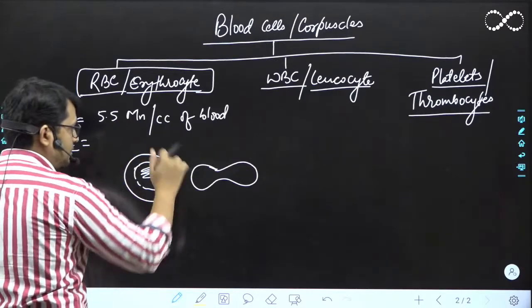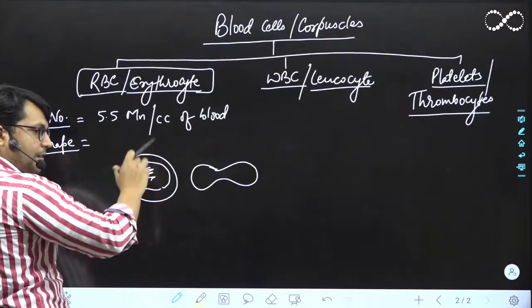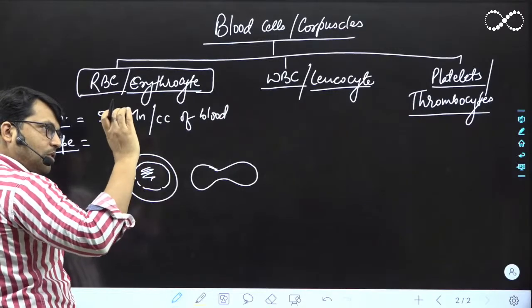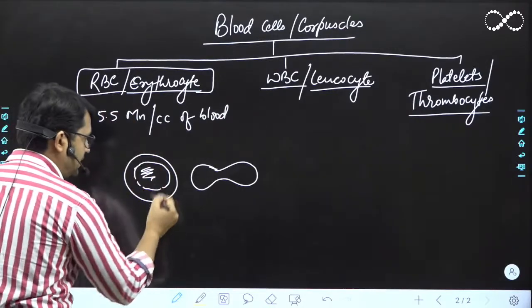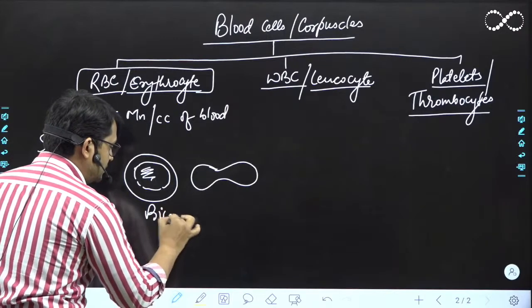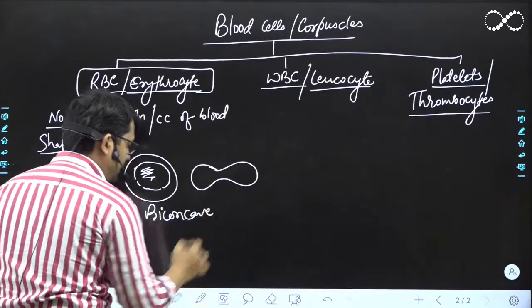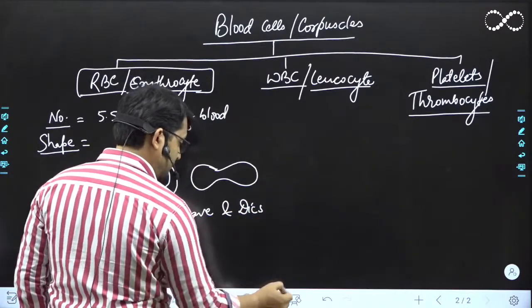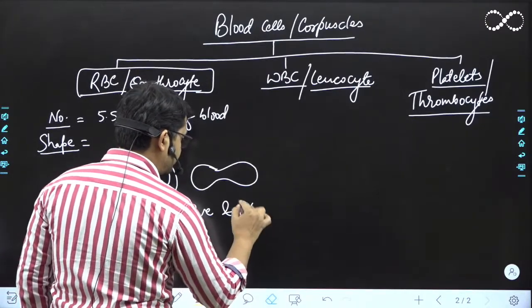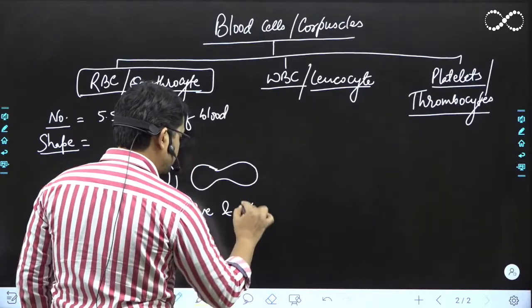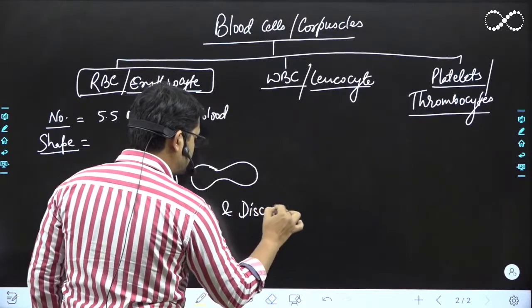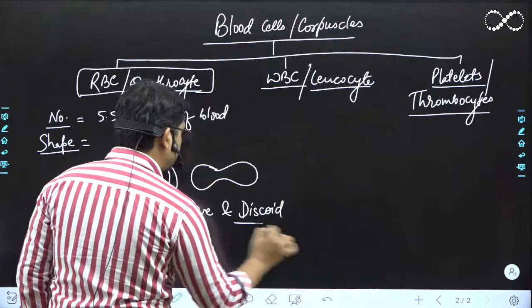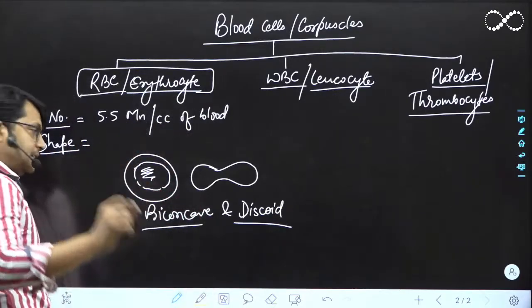So it is kind of concave from either the top or the bottom side. So this is biconcave and discoid. ठीक है? So if we are talking about the shape, it is discoid and biconcave.